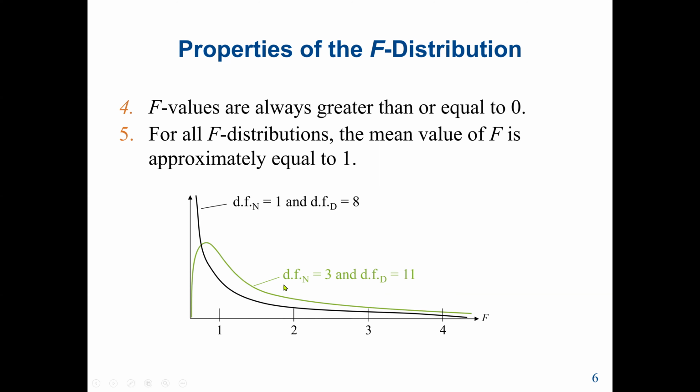If the numerator is 3 and the denominator is 11, we have a different shape, and likewise with N equal to 8 and D equal to 26. Again, N represents the numerator and D the denominator.